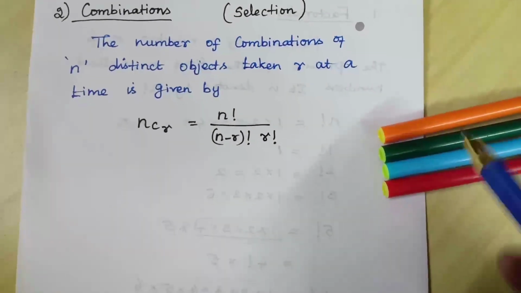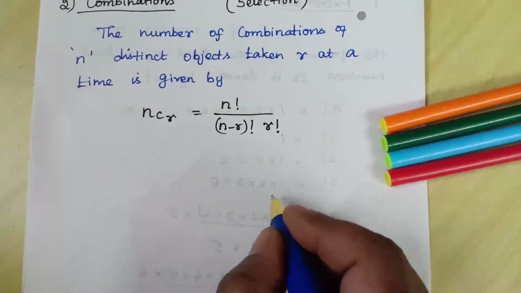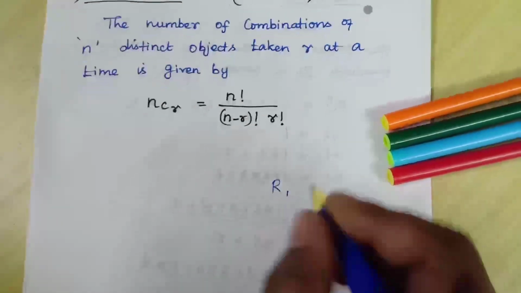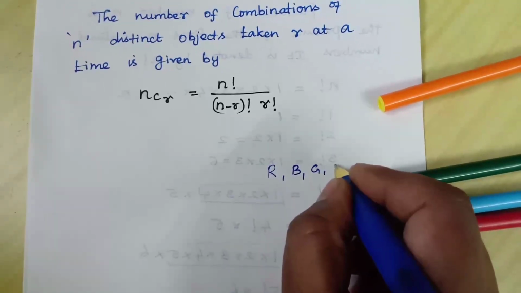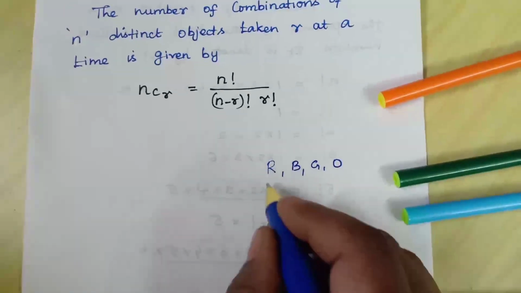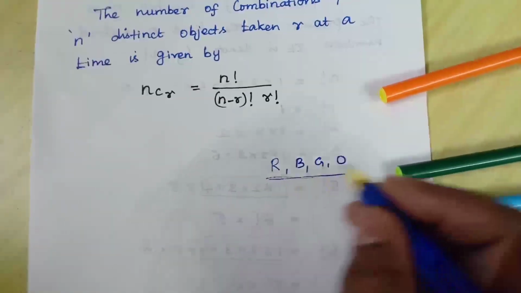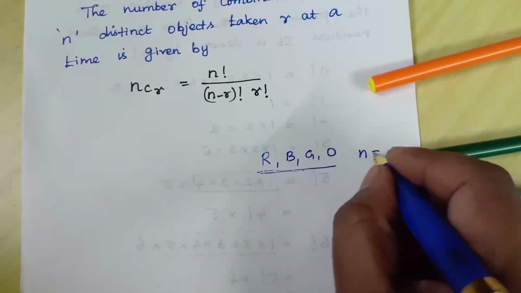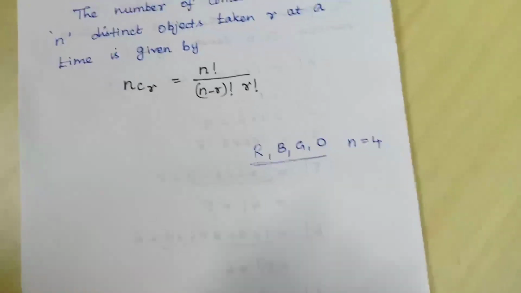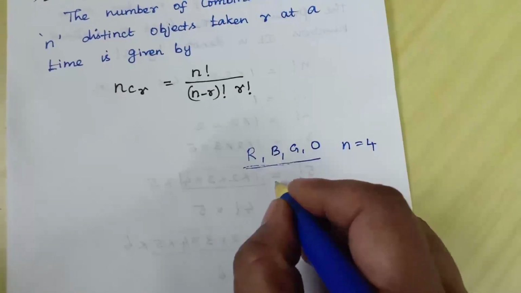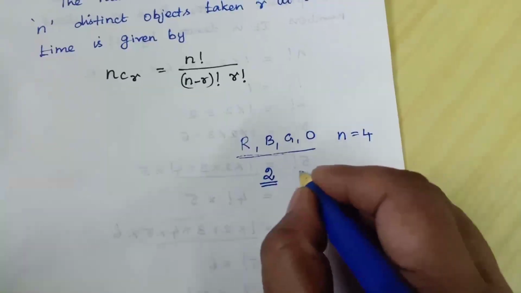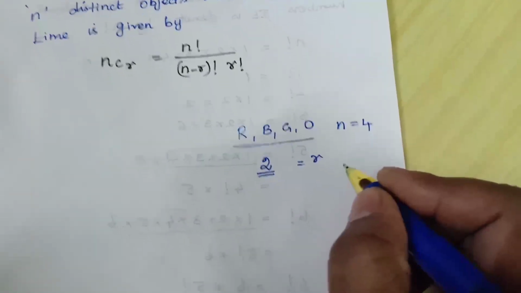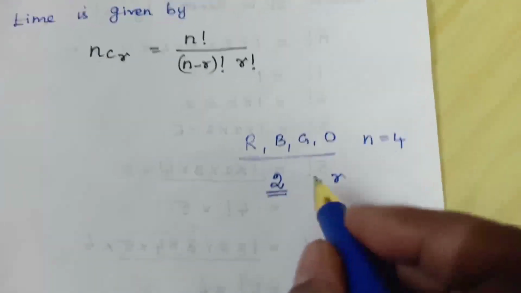Now consider these four sketches: red color, blue color, green color and orange color. So we have the number of distinct objects as 4, that is n is equal to 4. Now I am going to select 2 from these 4, that is r. By observation, how can you select?